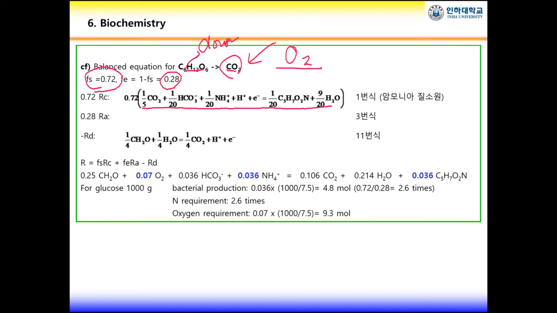Then you may write down the reaction for the oxygen, 0.28 times, so that is the half reaction for the acceptor, and the donor half reaction is the same as before.